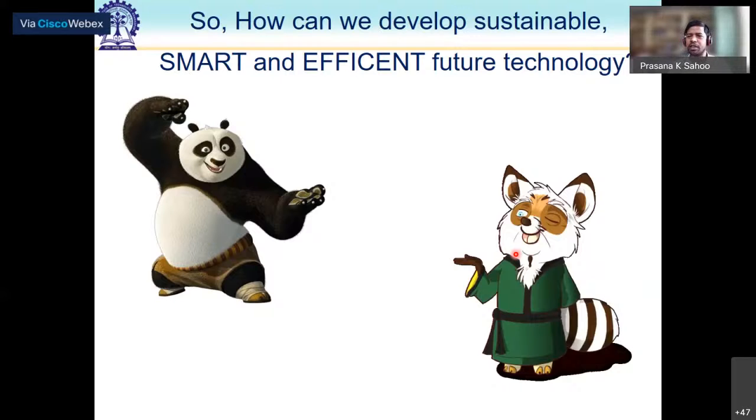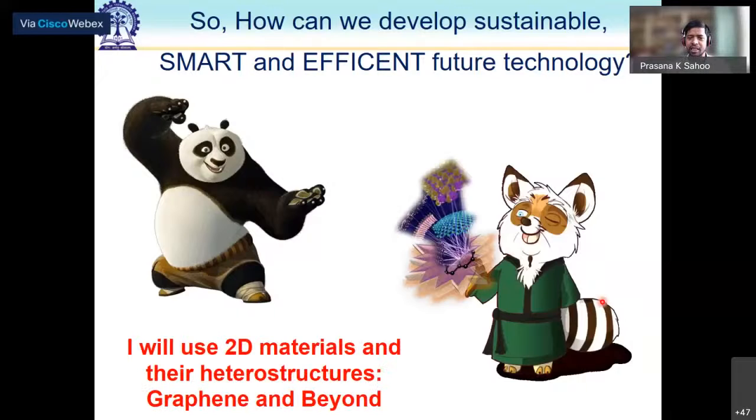And so how can we develop such sustainable, smart and efficient future technology? One answer is that I will use 2D materials, a new class of materials which has been developing in the last couple of years, and their heterostructures, like graphene, which got the Nobel Prize, a single atomic layer of carbon, and also beyond.